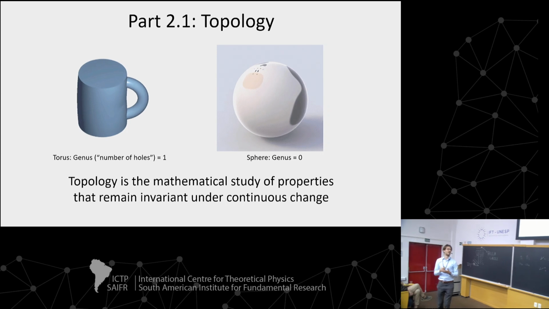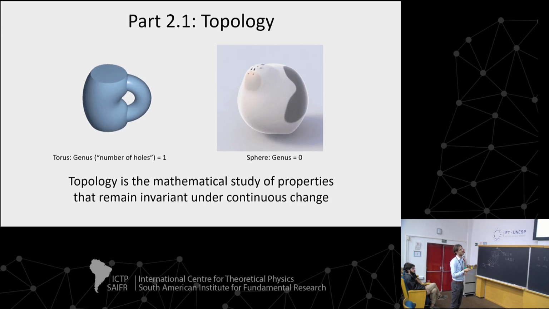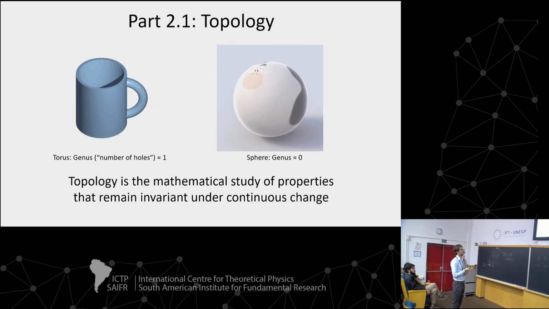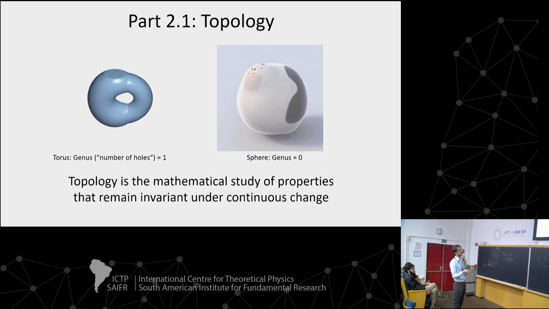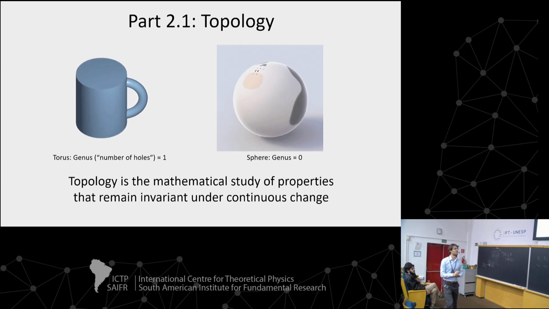So topology, there are various definitions of what topology is. A physicist definition is that it's the study of properties that remain invariant under continuous change. I would say the mathematician would also need to define what continuous change is, and I will not do that.